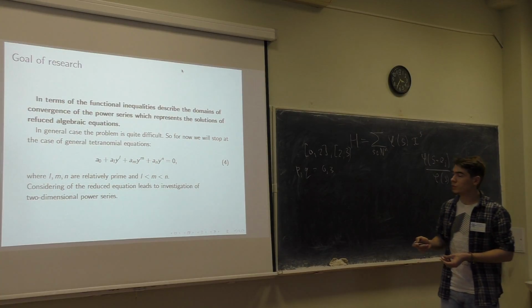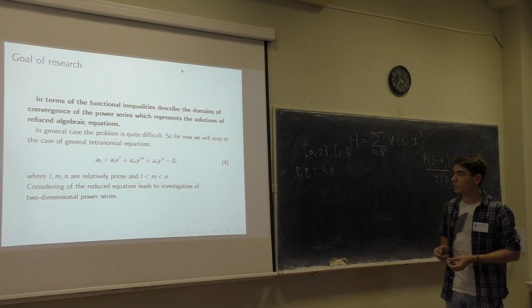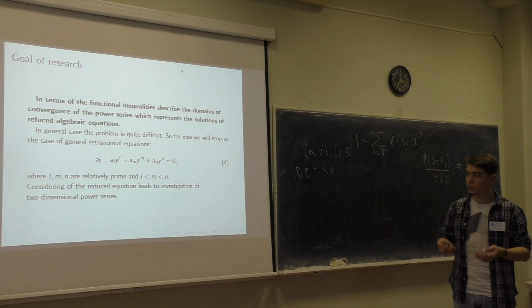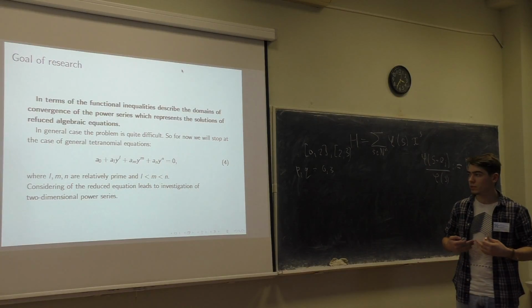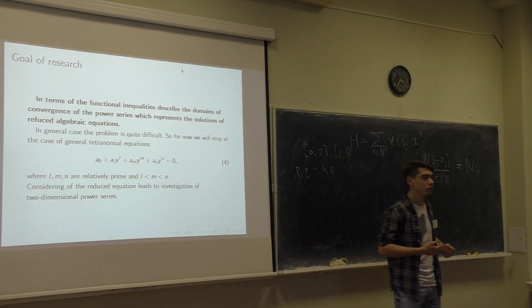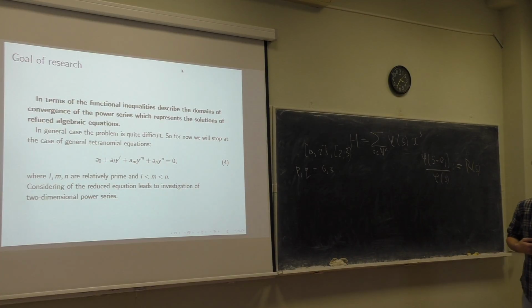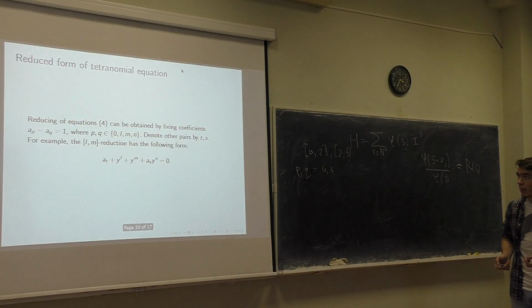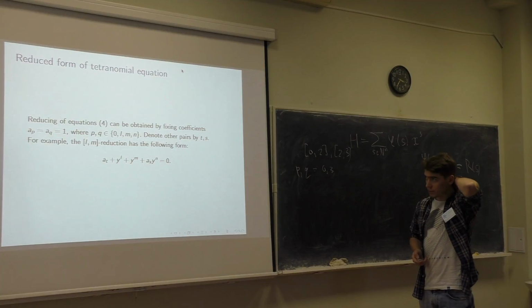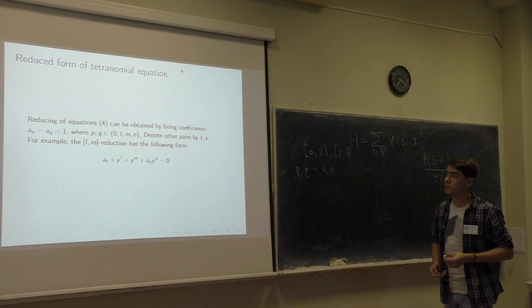Here we have the trinomial equation, which has 4 terms, and after reducing, the reduced equation leads us to investigation of two-dimensional power series. Let's see the reducing of the trinomial equation. It is similar to the general case.